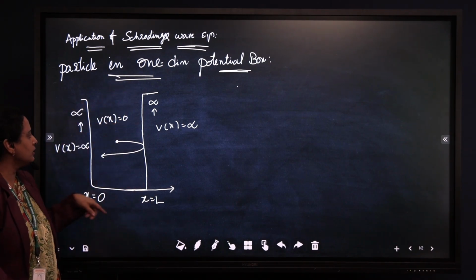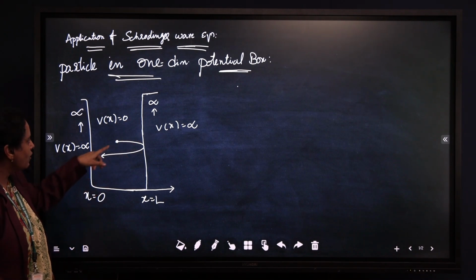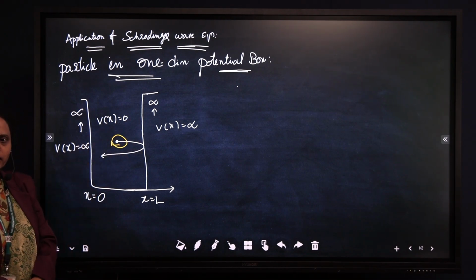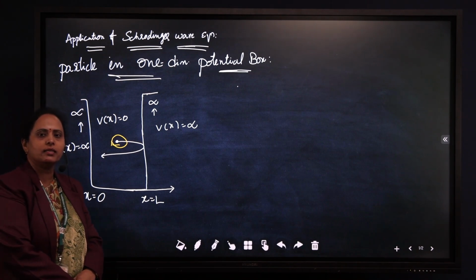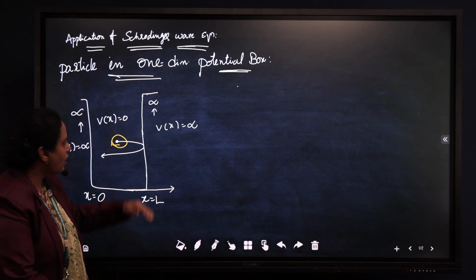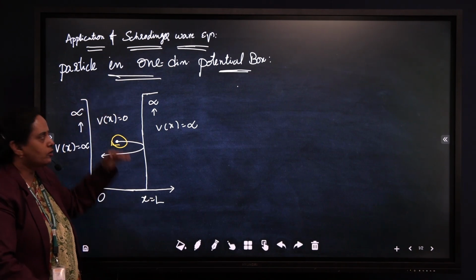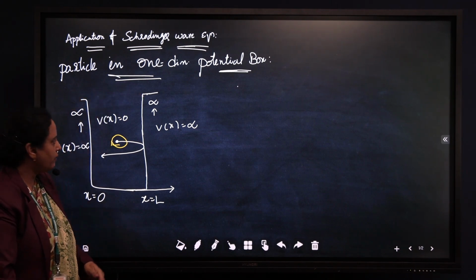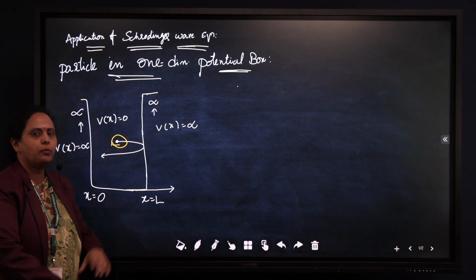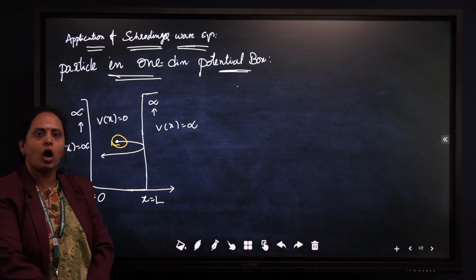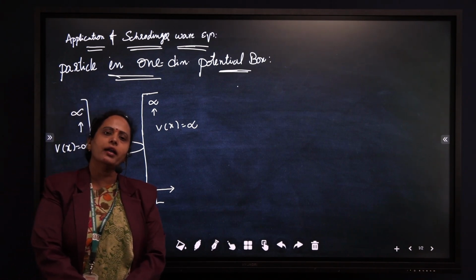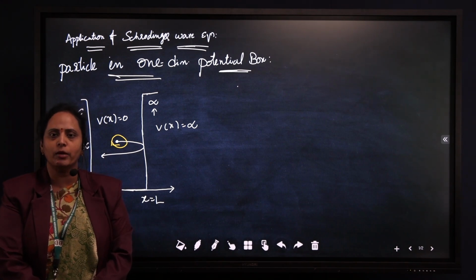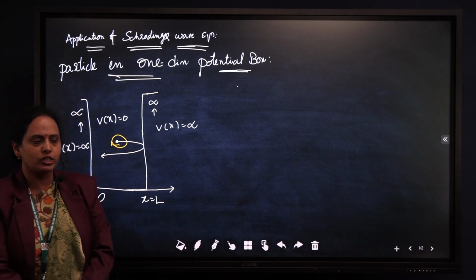Let me take this one potential box wherein a particle is freely moving inside this potential box of infinite height. We can see the height of the box is infinite and this particle is freely moving. Let us discuss its eigenvalues, energy values and wave function for this particle which is freely moving in a one-dimensional potential box.